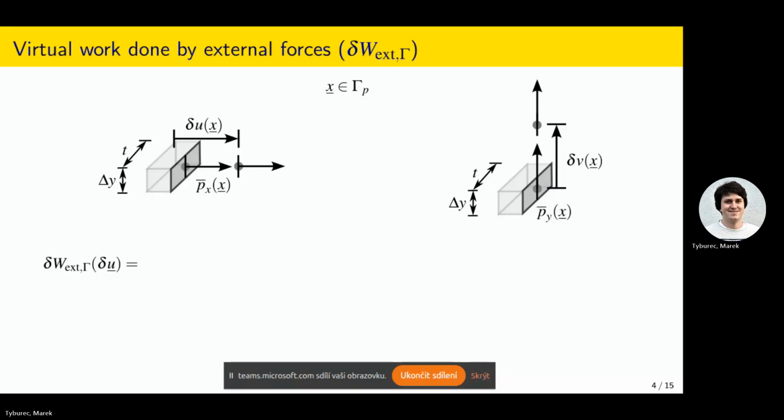Then for the other figure we have the same thing, essentially repeating this. We have t over y of x, the area is again delta y t, and the virtual displacement now is in the y direction, delta v of x, on the line.